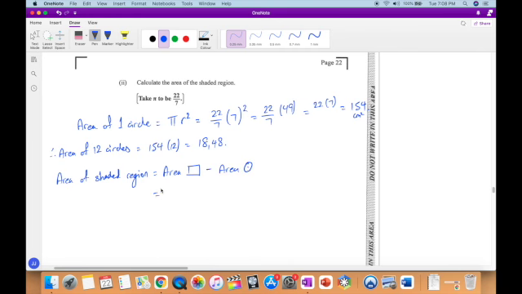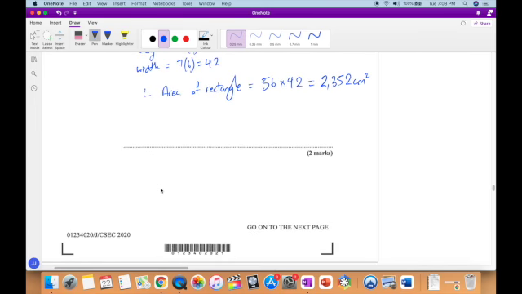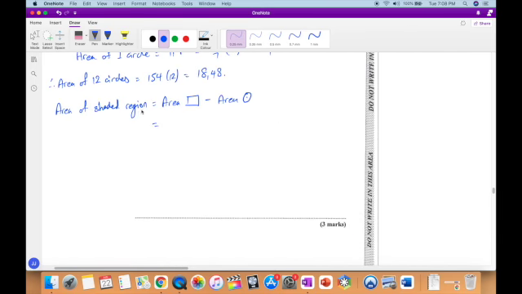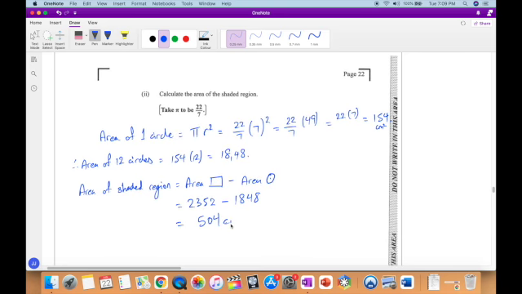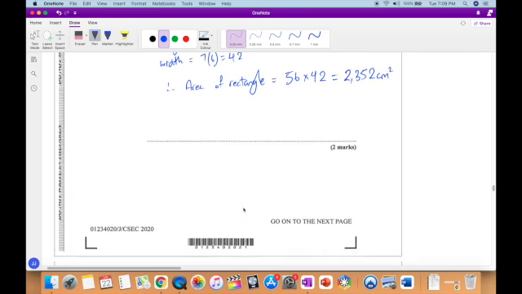So that is the area of the rectangle we got here to be 2352. I keep putting the comma in the wrong place. 2352 minus 1848. 2352 minus 1848. 504. 504 centimeters squared. Okay.